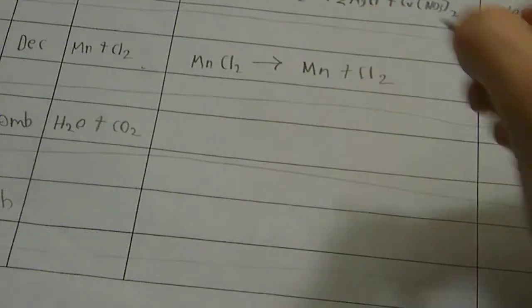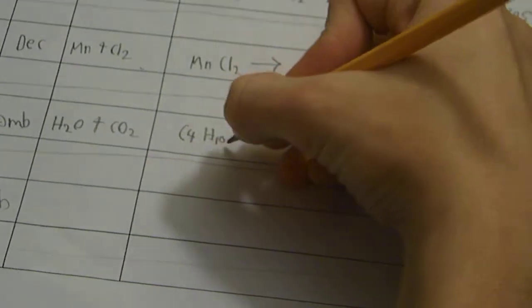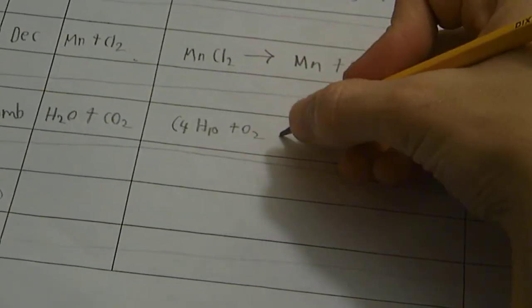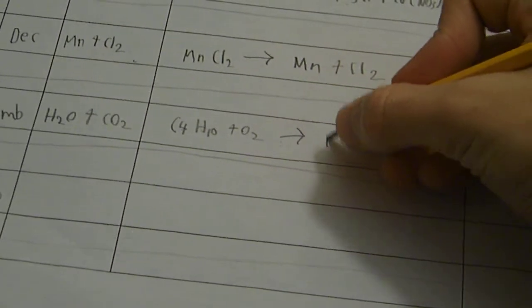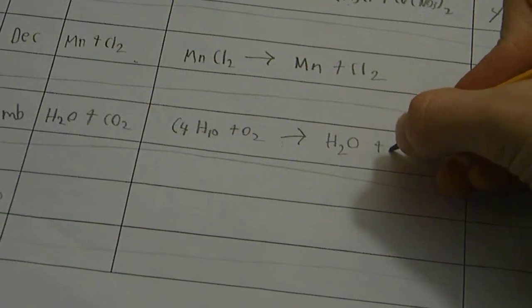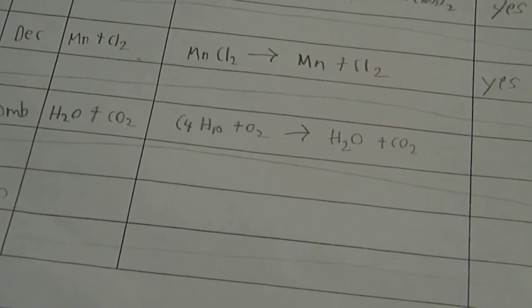So then writing the whole equation out, we get C4H10 plus O2 yields H2O plus CO2. Now we have to balance this out.